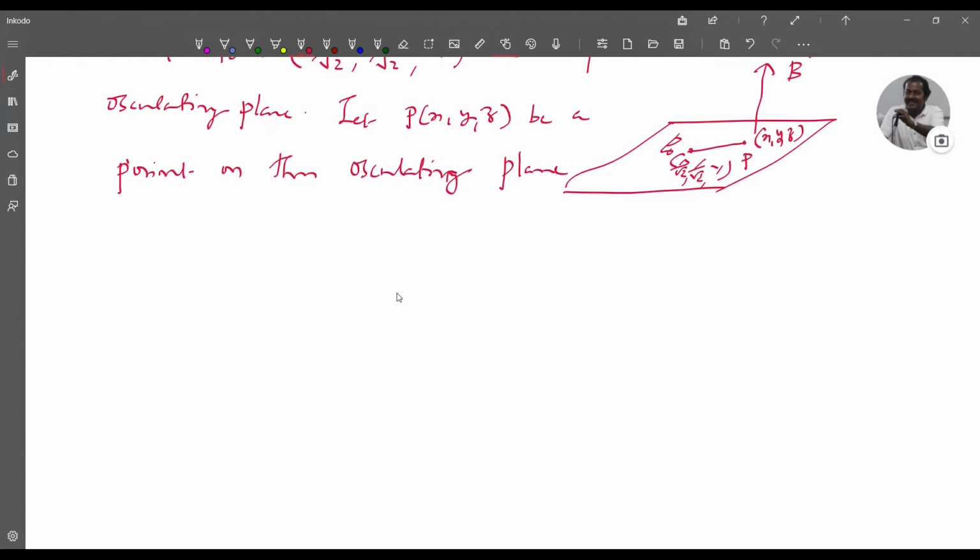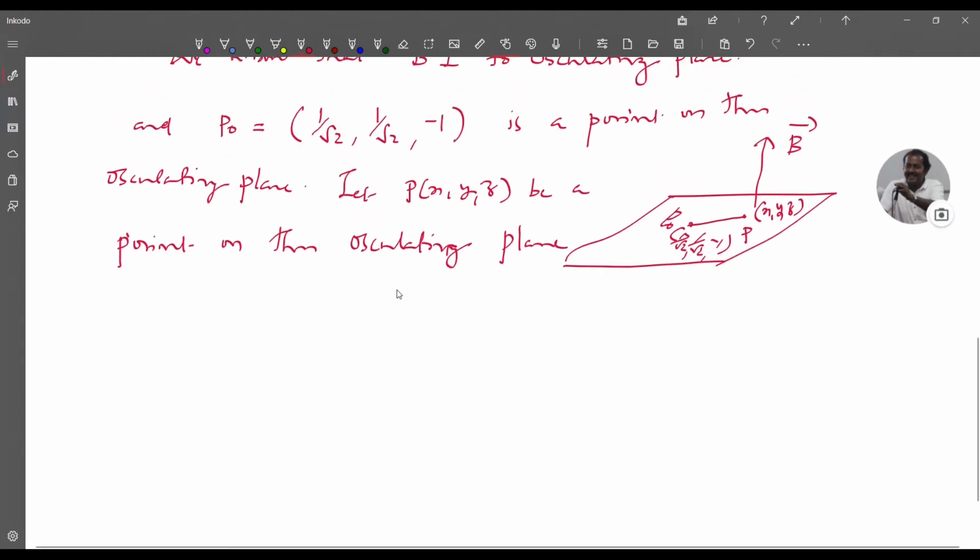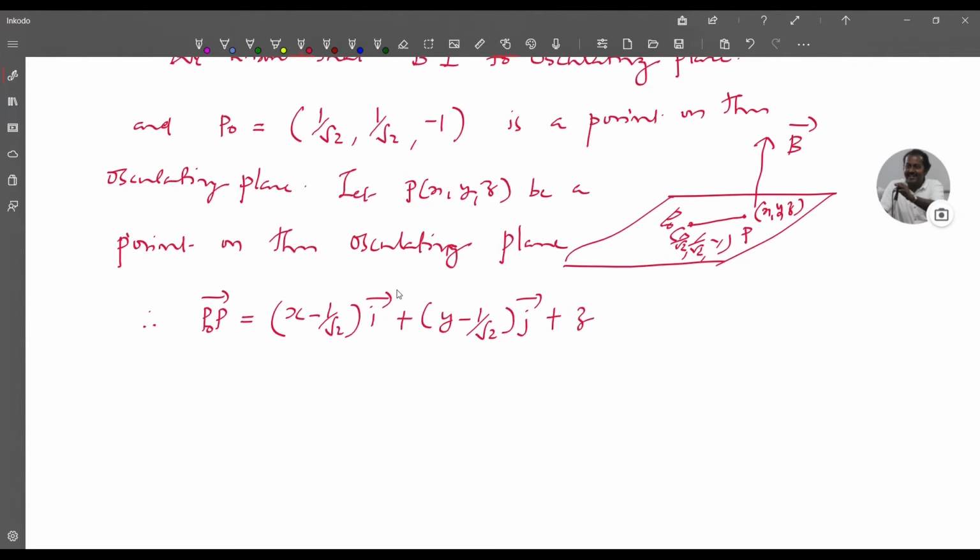Then the vector P naught P is x minus 1 by root 2 i plus y minus 1 by root 2 j plus z plus 1 k.